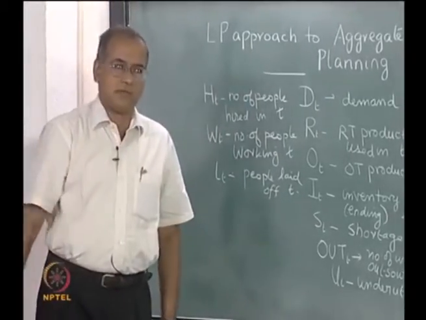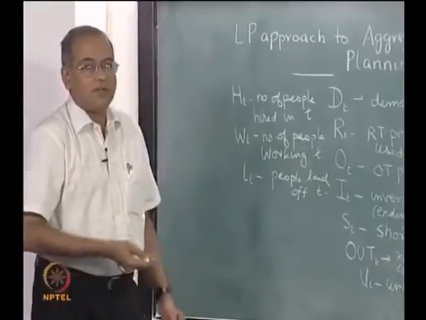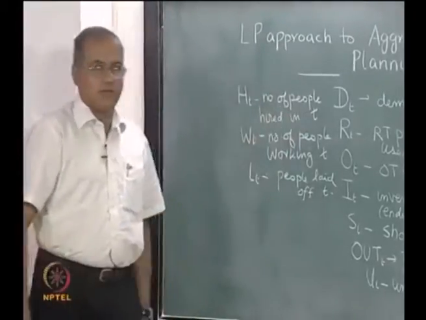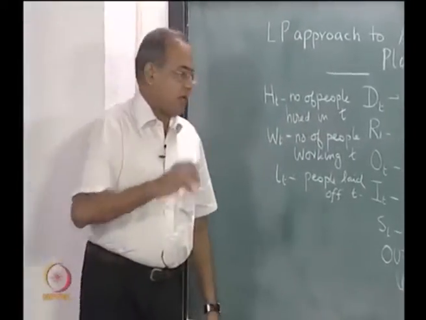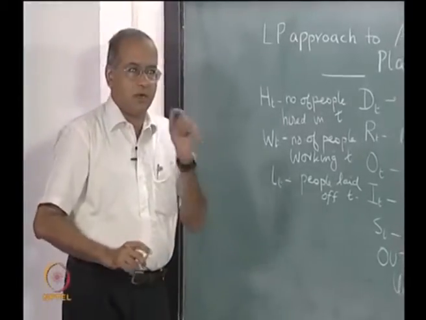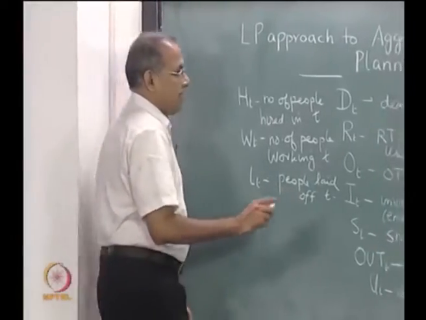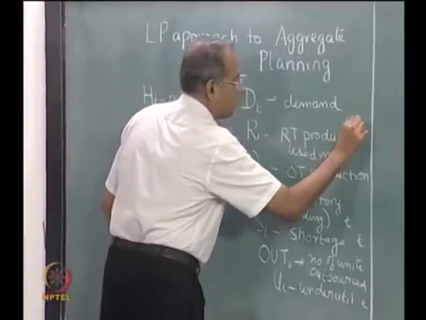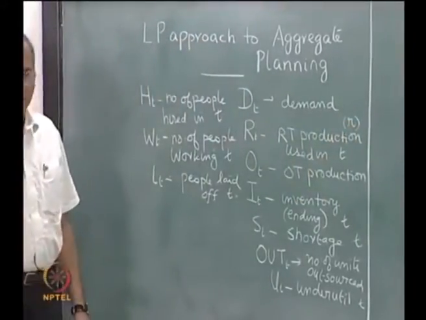but there is a relationship among these variables. Now, we also have costs associated with each one of them, which we denote by using the lowercase letters. So, let small r be the regular time production cost.